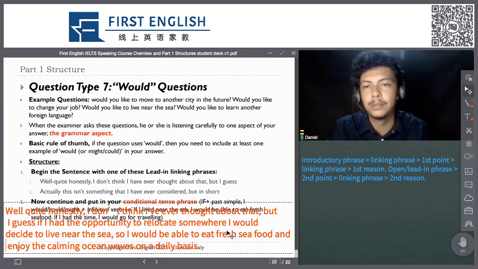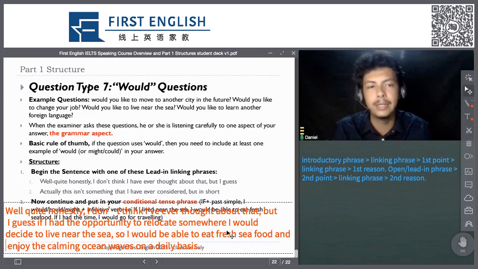But that concludes the breakdown of the question types that are going to be experienced or proposed in section 1 or part 1 of the speaking portion of the exam. Now, again, as you've noticed, hopefully you have, because we did speak quite at length with all of these question types, they all follow essentially the same structure.